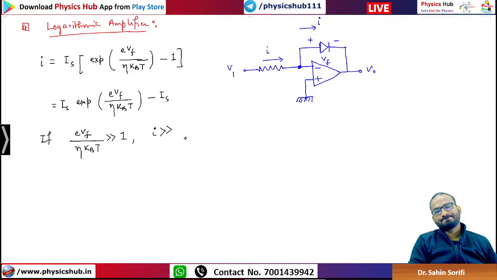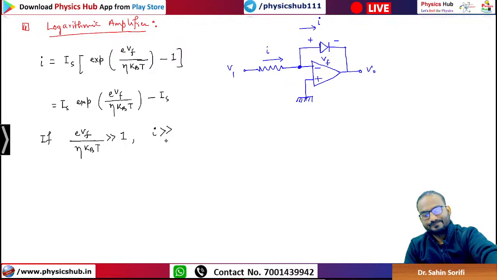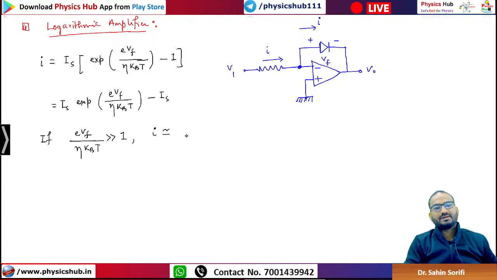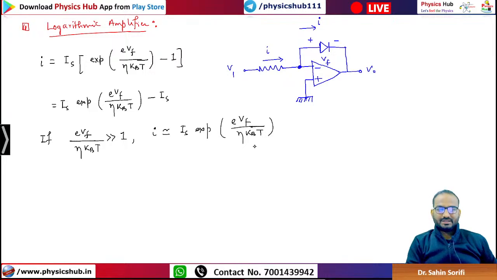Okay, it is much greater than 1. This term, I we can approximate to Is exponential e Vf by eta kt. Can you do this?